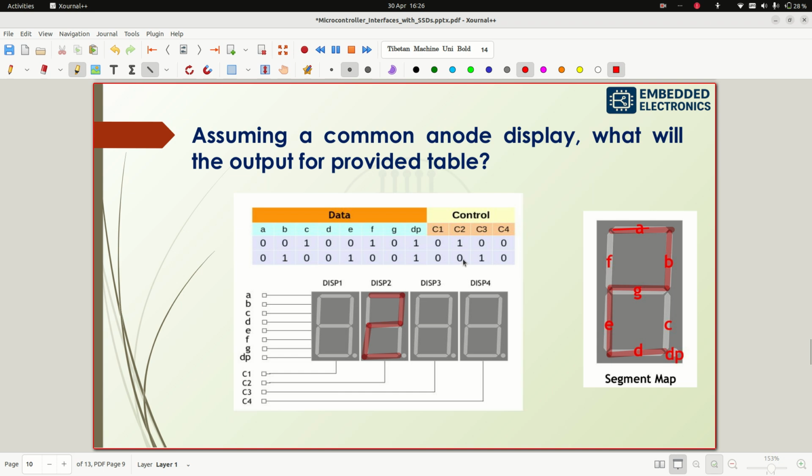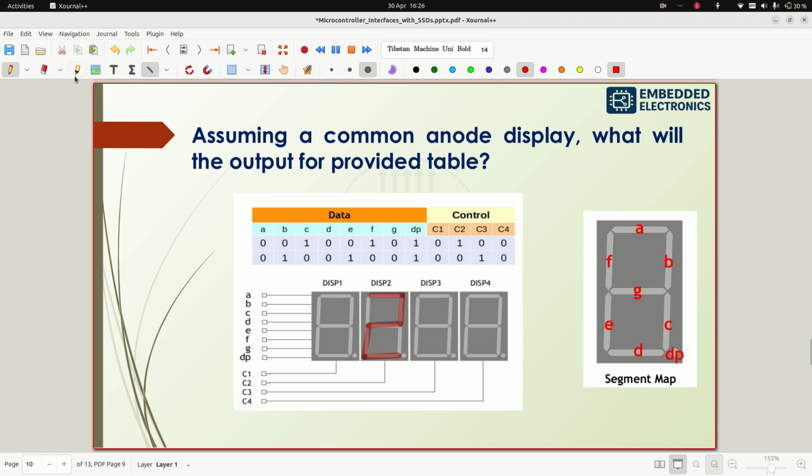Similarly, write this. So here C3 is high. Okay, I am not going to write it here, so I'll just erase it and I'll write here. So C3 is high.